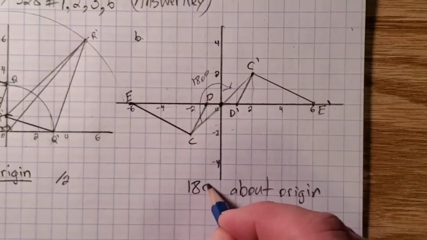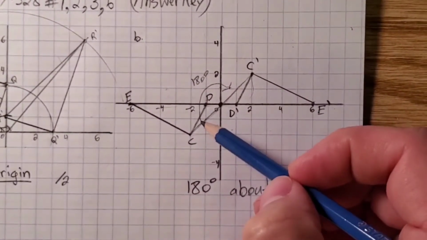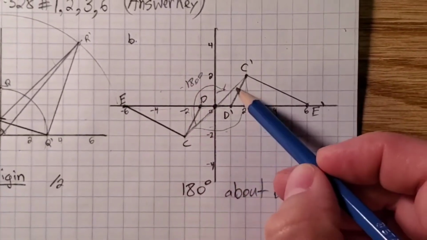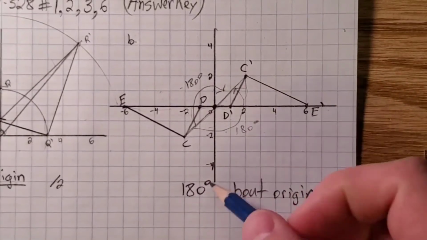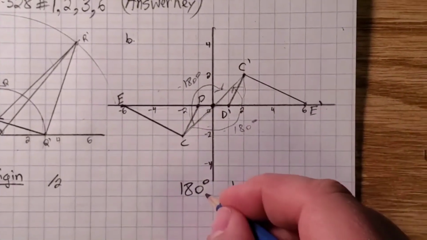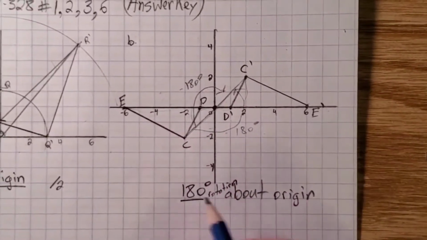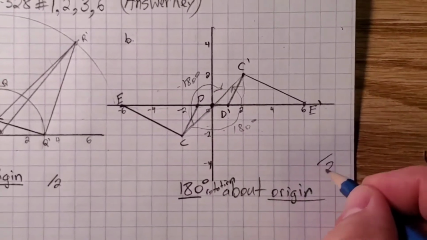It's also a negative 180, but it's also 180 going the other way. So either a negative or positive 180-degree rotation about the origin. So 180 degrees and about the origin would be your 2 marks there.